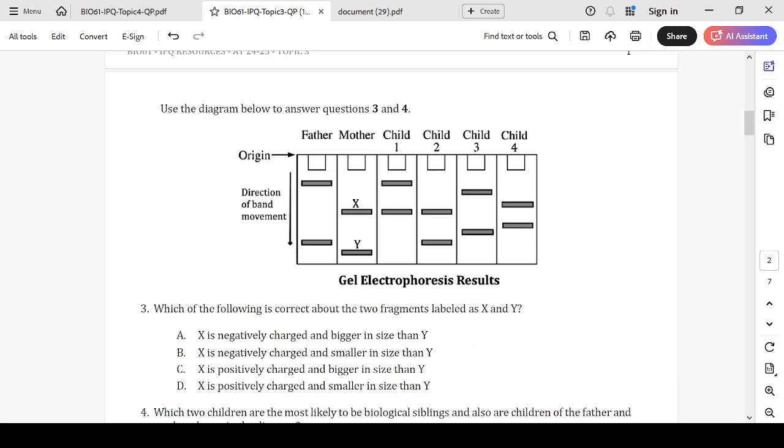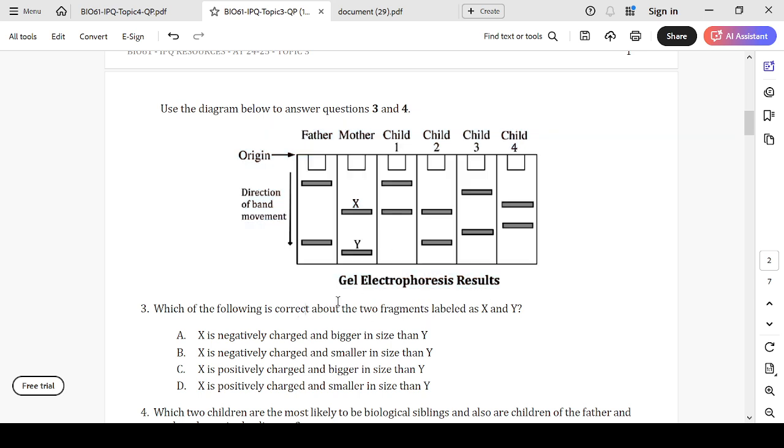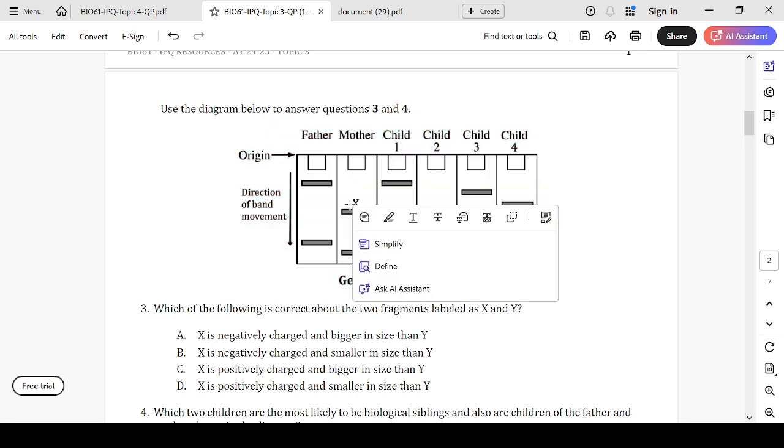So look at this question, guys. They will bring, for example, for gel electrophoresis, this figure. This is father, this mother, child. They ask you which label is true, correct, about X and Y. Shabab, X is negative charge and bigger in size than Y. Yes, Y is small, X is bigger.